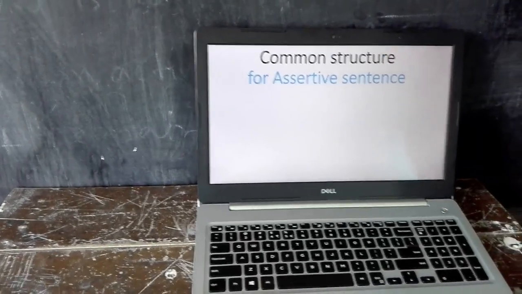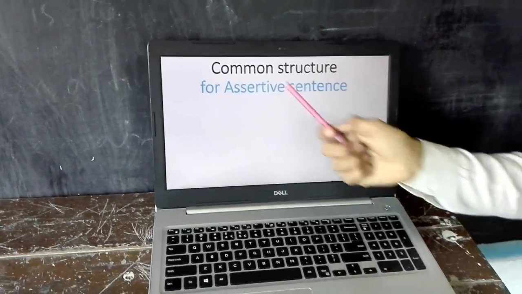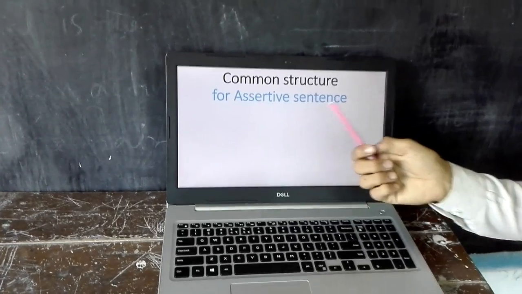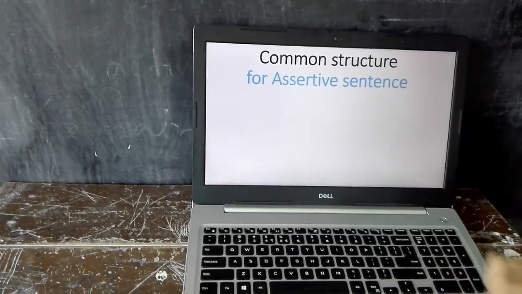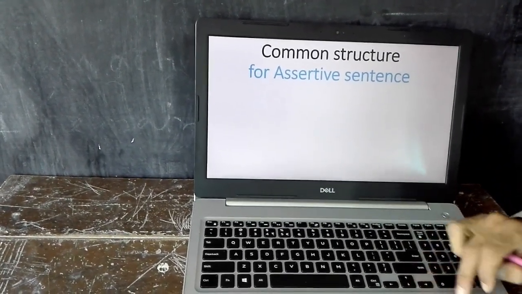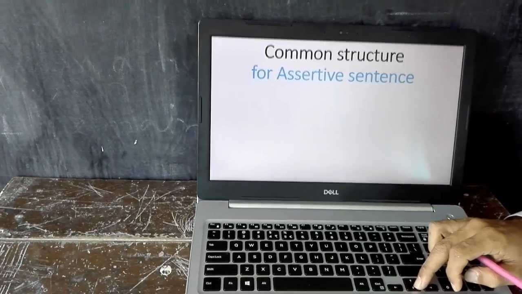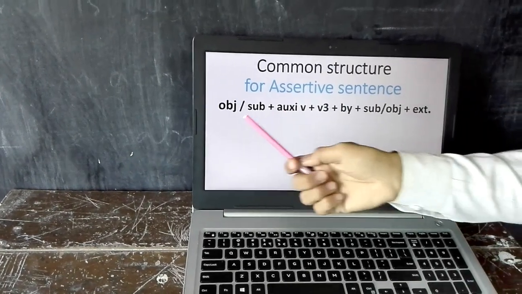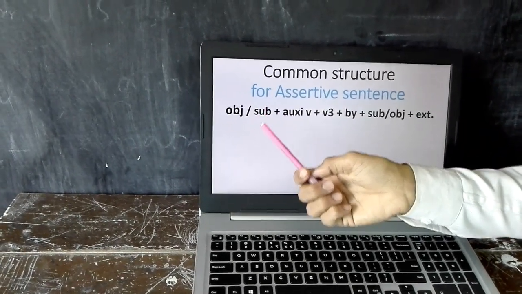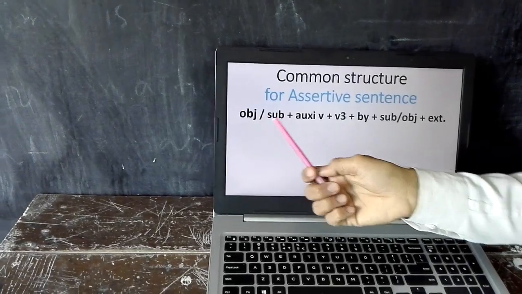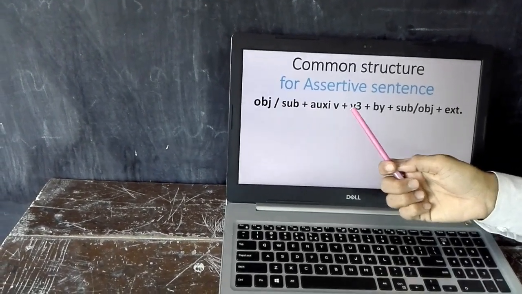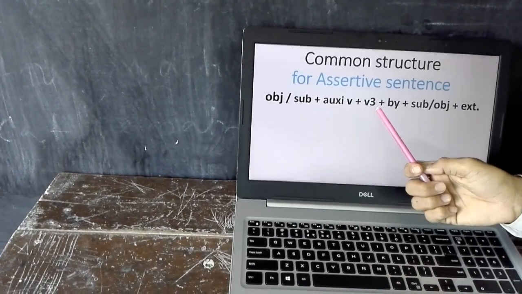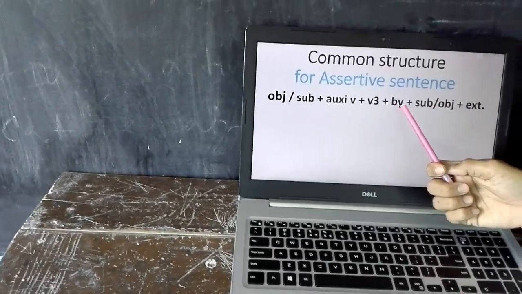And now, students, we will talk about the common structure for assertive sentence. If you follow this structure, you will avoid the difficulty of making passive. Here, object as subject plus auxiliary verb plus v3, that means past participle form of principal verb, plus by.